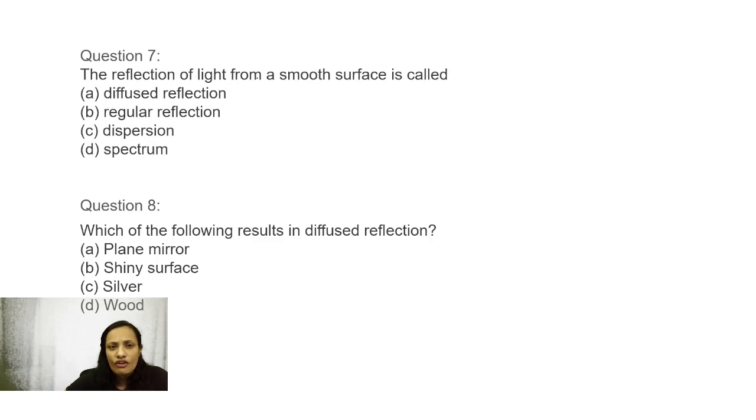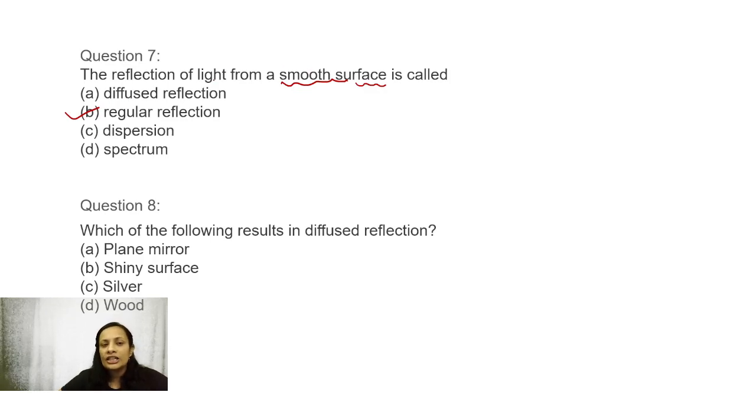The reflection of light from a smooth surface is called. There are two types of reflections. One is diffused reflection and one is what? Regular reflection. Since they are talking about a smooth surface, all the reflections which we get from a smooth surface are known as regular reflection.